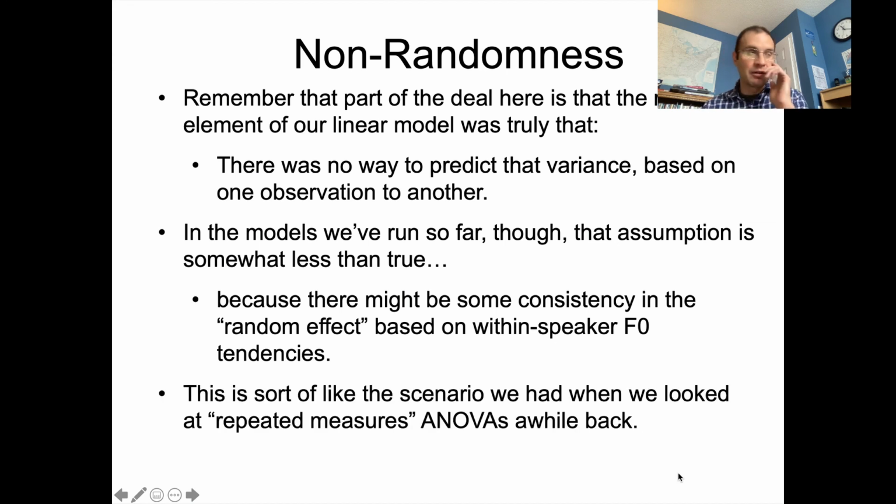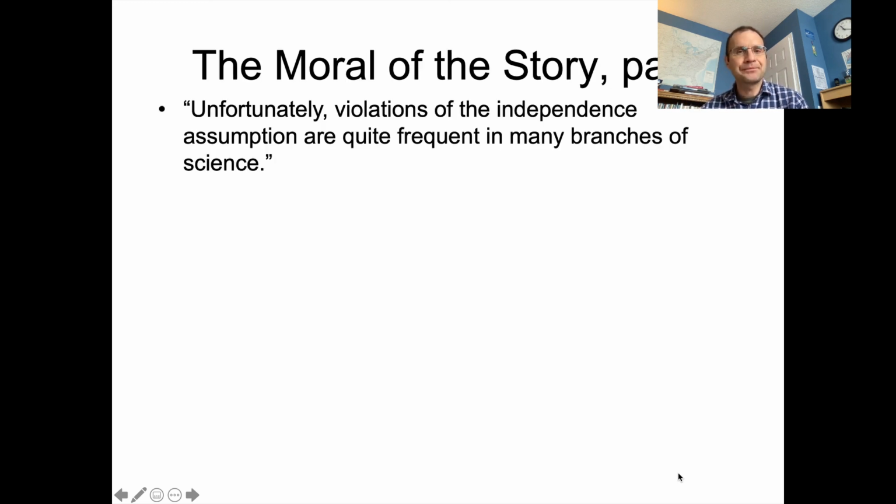And we talked about that a little bit when we were walking through repeated measures ANOVAs a while back. So we were trying to kind of account for that variance a little bit by collecting that random residual variance by subject. But in linear mixed effects models, we're going to come up with a more sophisticated way to deal with that speaker by speaker or subject by subject variance, or model it in a more sophisticated way. So a few more choice quotes here.